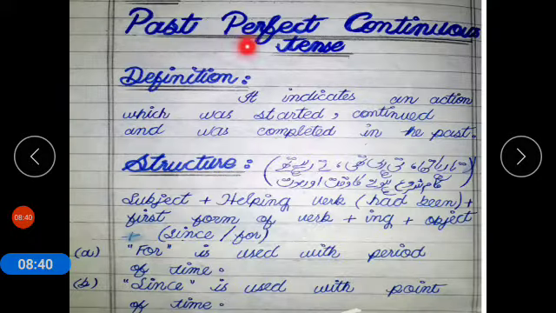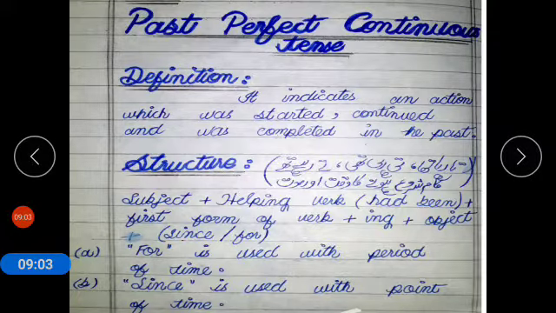Now coming to past perfect continuous tense definition. It indicates an action which was started, continued and was completed in the past.